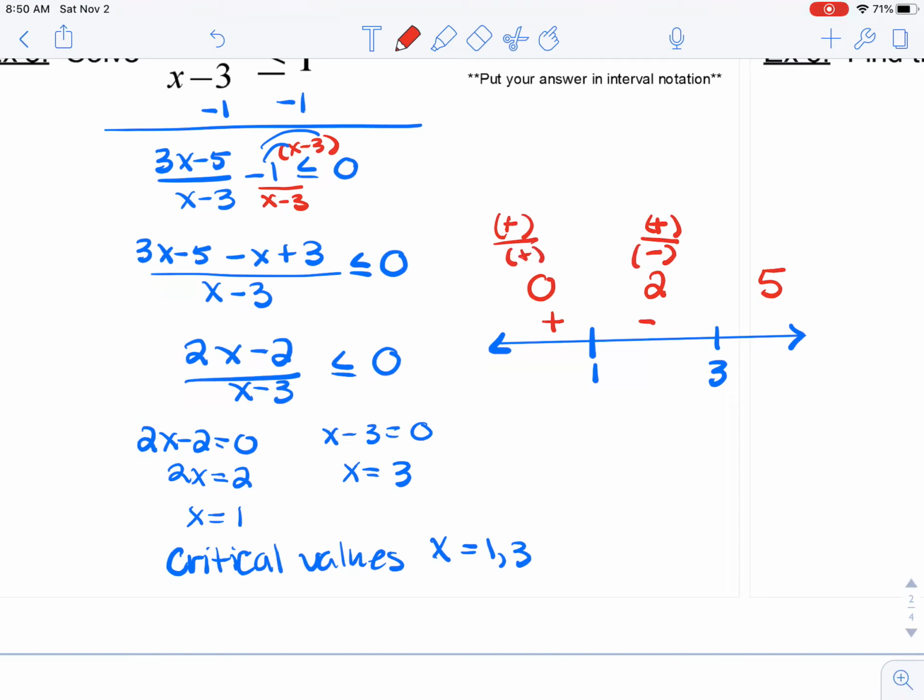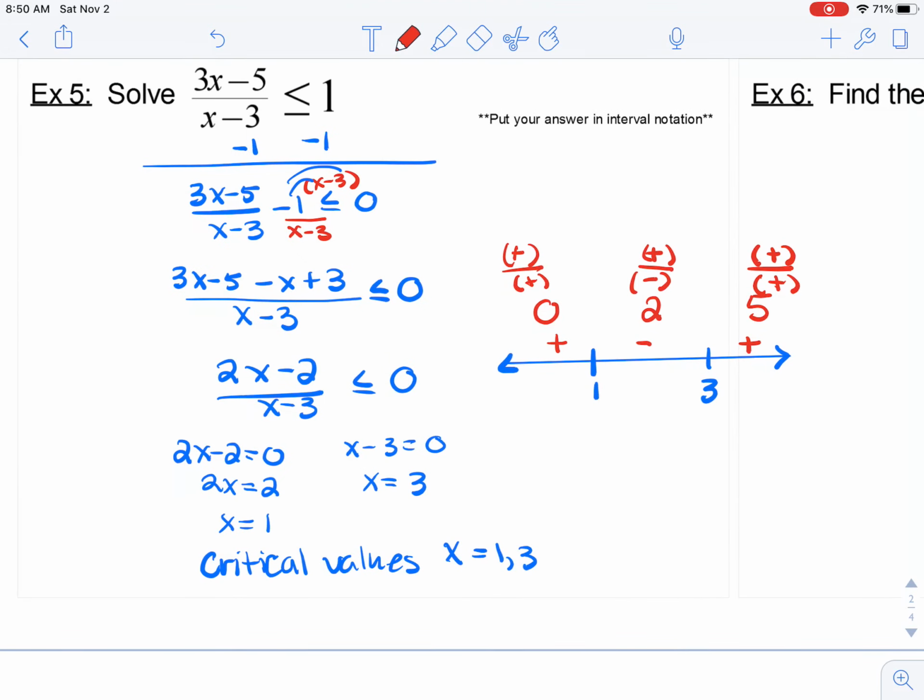So then 5, if I plug that into the numerator, 2 times 5 minus 2 would be a positive. 5 minus 3 in the denominator would be positive. So positive divided by a positive would be a positive. Notice the signs always alternate. Hopefully we're kind of realizing this by this point.